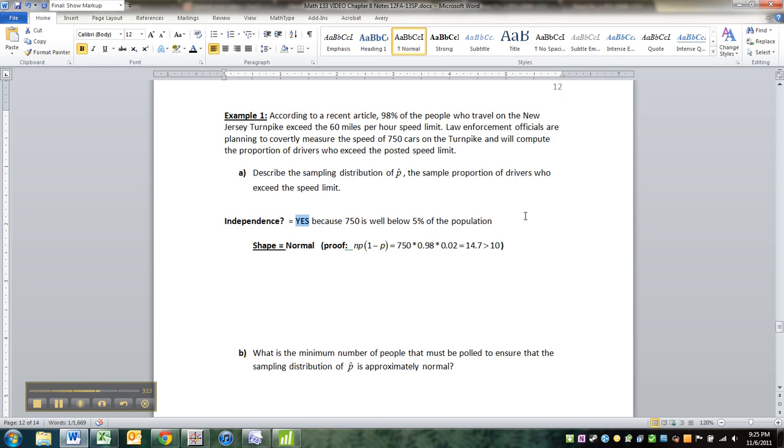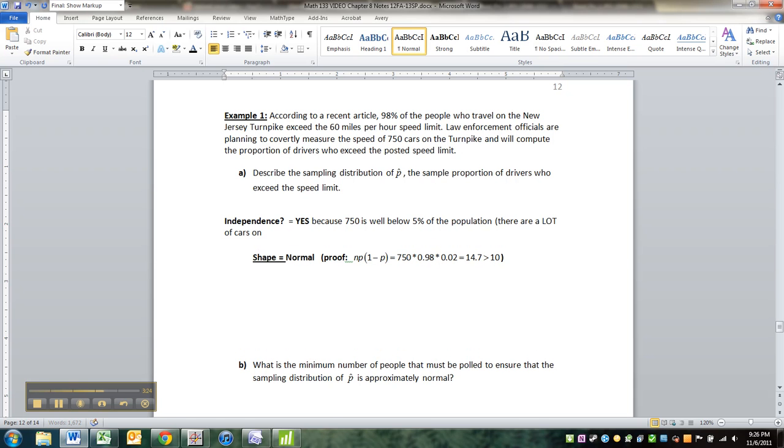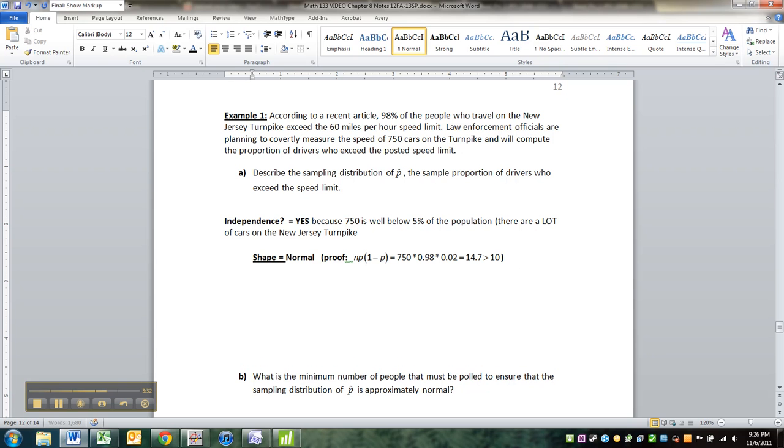It's one of the most populated areas on the planet, right? So just realize there are a lot of cars on the New Jersey Turnpike. It's waving our hands a little bit like a magician. You know, abracadabra, ta-da! It's independent, but it has to be. It just couldn't be any other way.